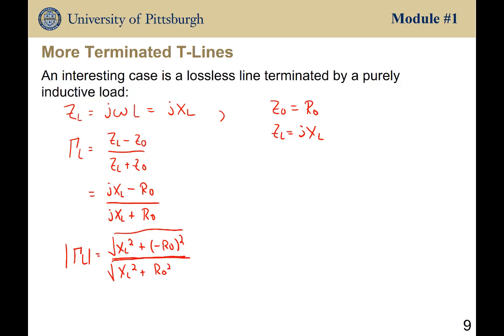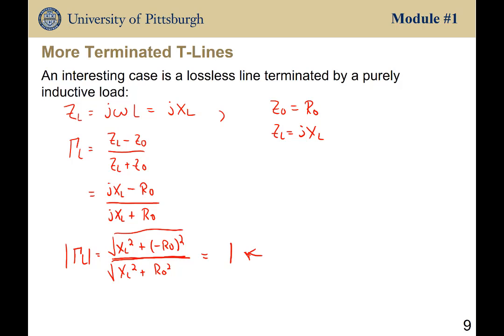In either case I get the square root of XL squared plus R naught squared, so the magnitude is 1. When the reflection coefficient at the load has magnitude 1, all of the wave is reflected. We saw this with the short circuit case and the open circuit case. Now a lossless line terminated by a purely inductive load also reflects all of the wave.